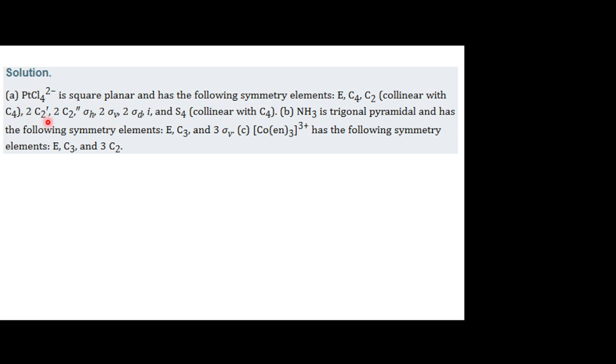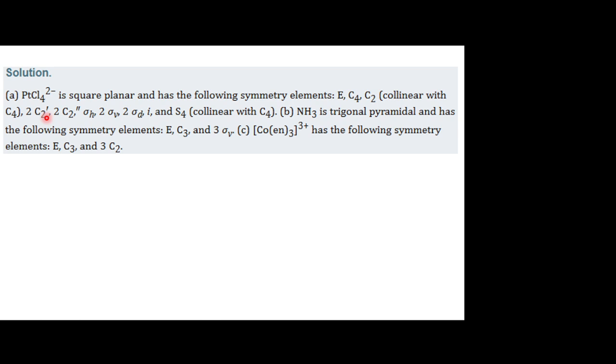Now, we kind of already did this one, so I'm going to go fairly quick on it. We have two of the C2 primes. These are going to be going through the bonds, this way and that way, and we have two of those.